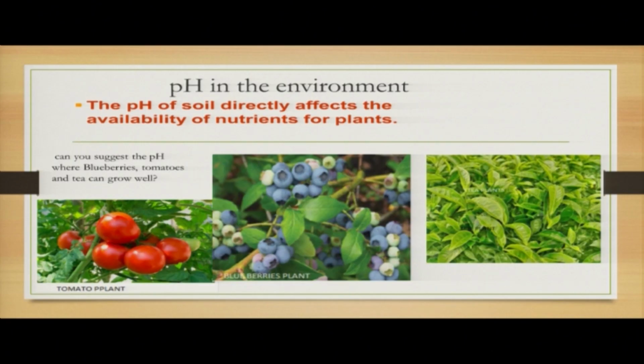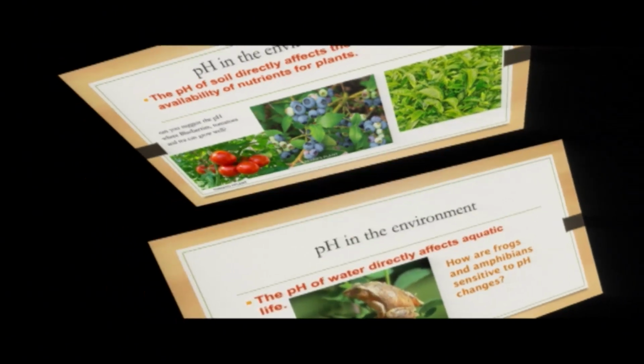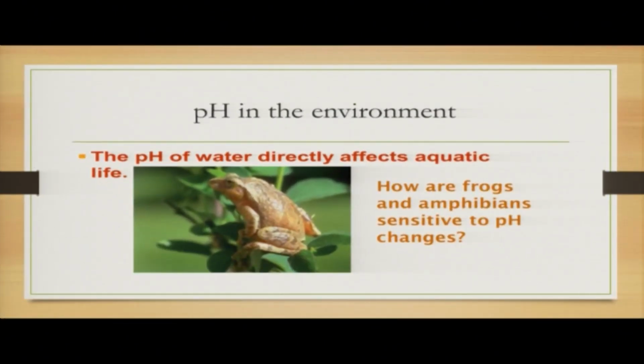So these are some of the crops that you can grow and the pH that can be. You see the grapes. We have also mentioned some of the pH ranges of these particular crops, and you need to know that as well. And pH in the environment, these are some of the dangers.